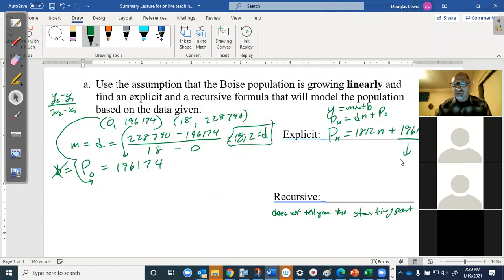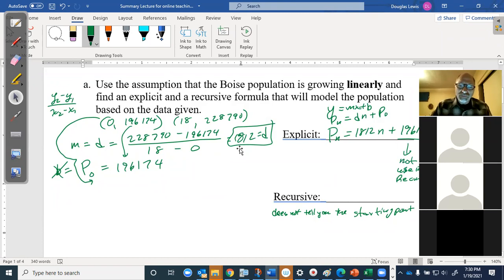It's going to be gone. We will not use it in the recursive formula. Recursive formulas don't use a starting point. They just say how you get from one to the next.